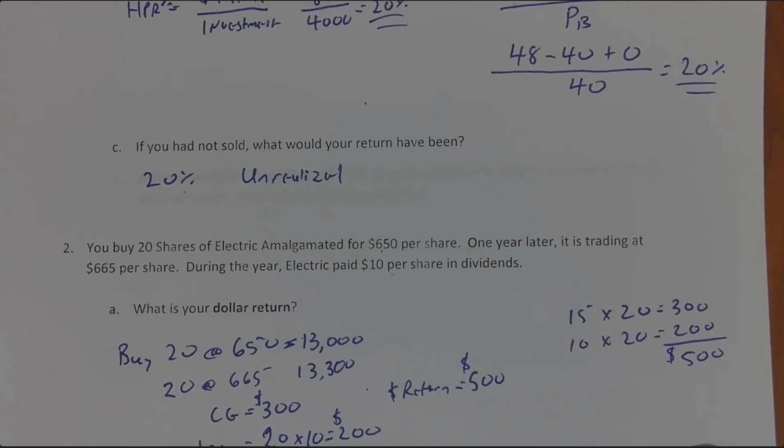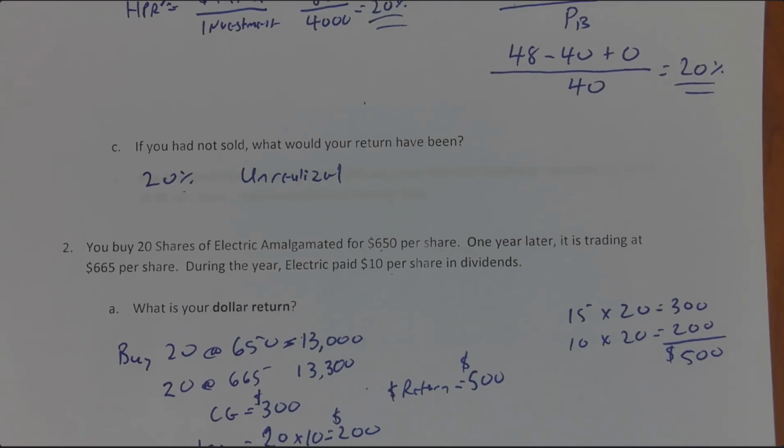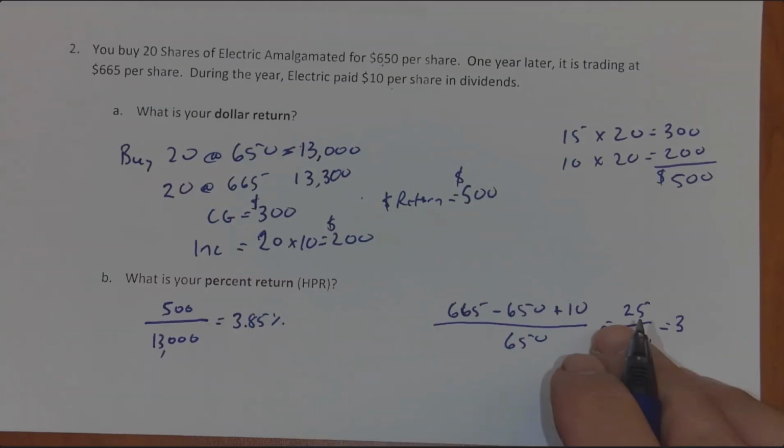That's going to give us a $15 capital gain plus the $10 dividend, divided by the $6.50, and that's going to give me 25 over $6.50, which should equal, I was off the screen on all of that.